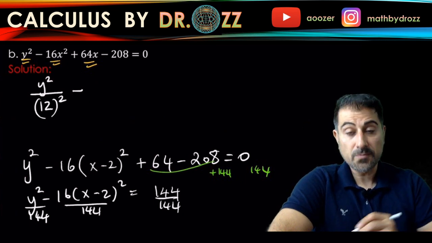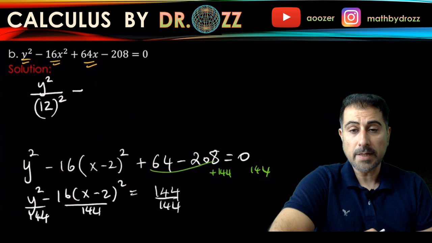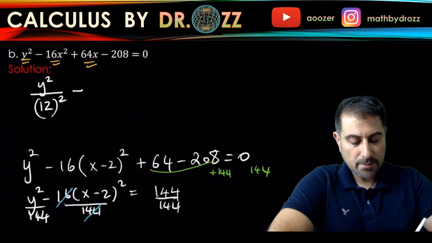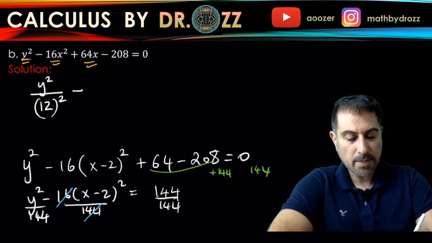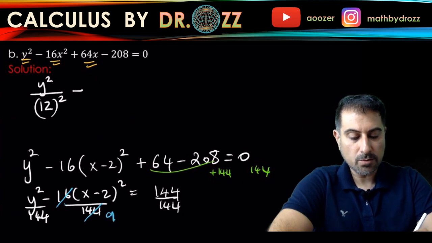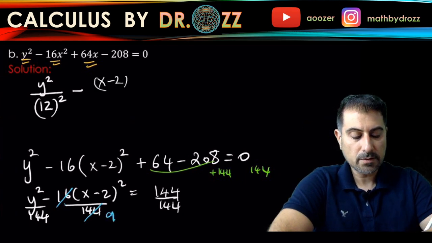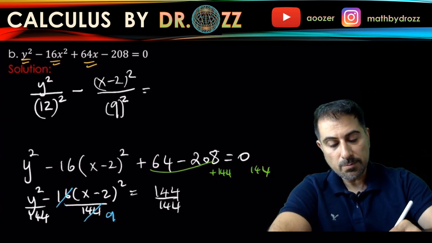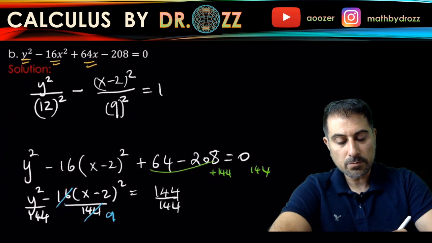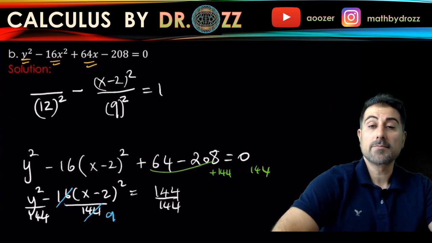Because 144 is divisible by 16, and you have just 9 here, I can write this as x minus 2 squared over 9, and the right-hand side is just 1. I can also replace the y squared term by y minus 0 squared.